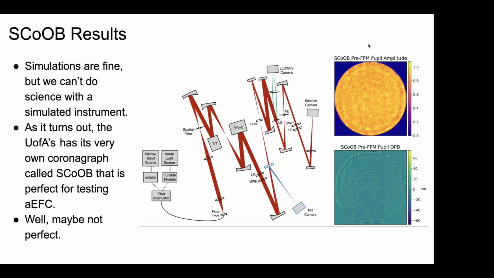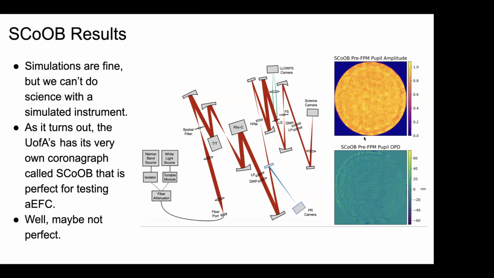But here's the general layout of the instrument. Here at the focal plane mask, this is where we have our vortex coronagraph. And right before this focal plane mask, we typically insert a fold mirror by hand and redirect the light to what we call the phase retrieval camera, in order to measure this pre-FPM pupil plane amplitude and OPD.